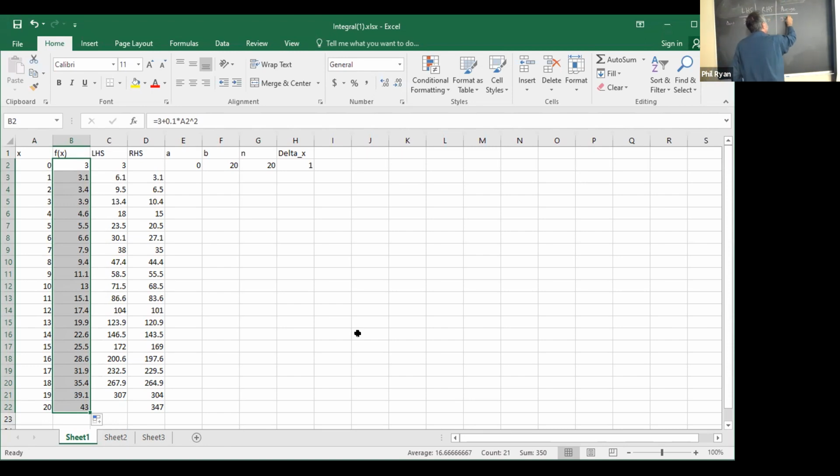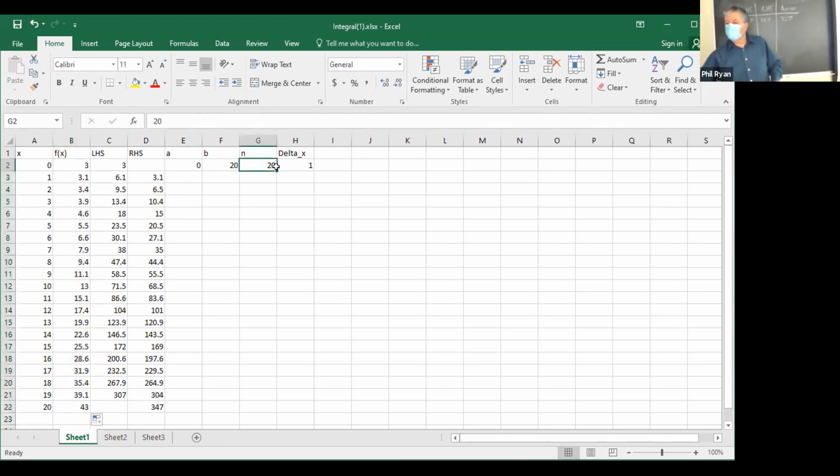So my answer would be maybe 327. Okay, so maybe next I want to do a better approximation. So the way to do that would be to, instead of say doing 20 rectangles, I would do 200.